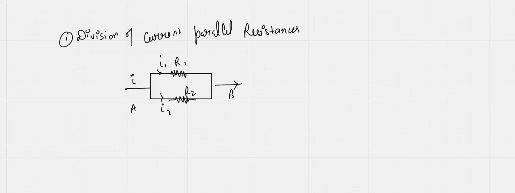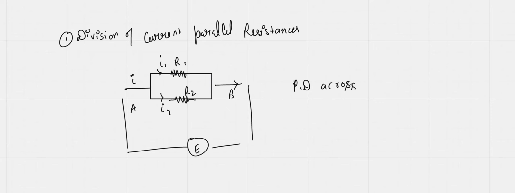There must be some potential difference, assuming it to be E, across R1 and R2.